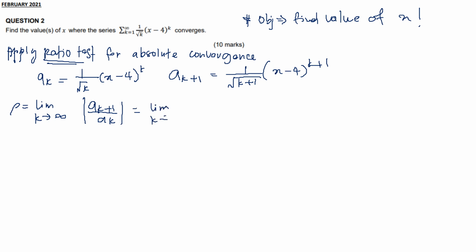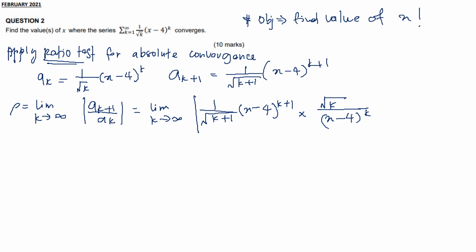Limit k approaching infinity, a_(k+1) is 1 over square root of k plus 1 times (x minus 4) to the power of k plus 1, and then you divide by square root of k over (x minus 4) to the power of k.